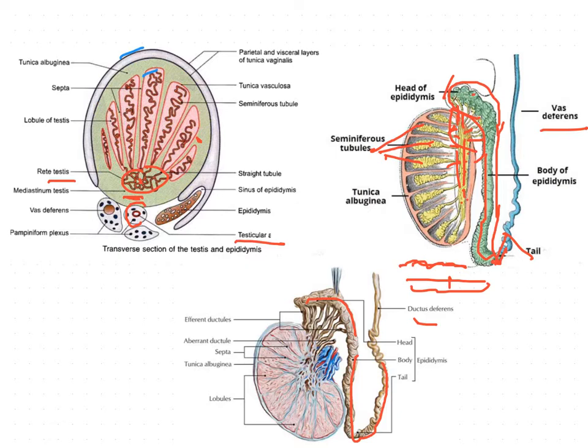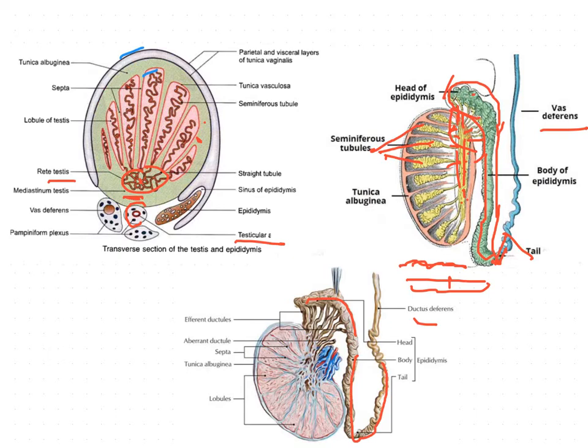At the posterior border of the testis, it divides into branches. Small branches enter the posterior border, while large branches, medial and lateral, pierce the tunica albuginea and run on the surface of the testis to ramify in the tunica vasculosa. So this is the arterial supply.